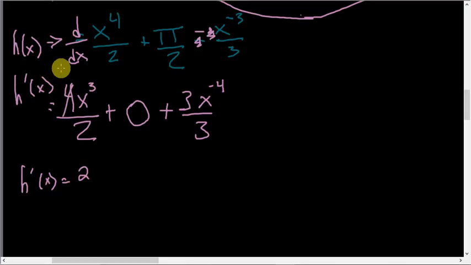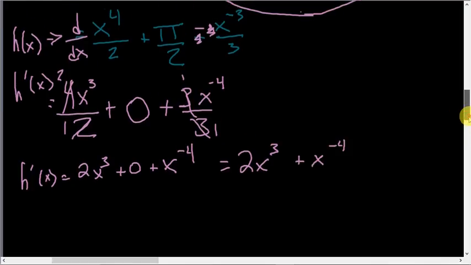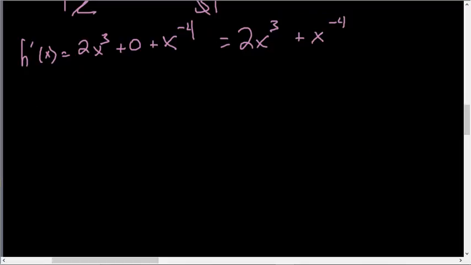This is 2, this is 1, so 2x to the third plus 0 plus 1x to the negative 4, which is equal to 2x to the third plus x to the negative 4. So hopefully that helps a little bit. Hopefully I didn't make any more careless mistakes.